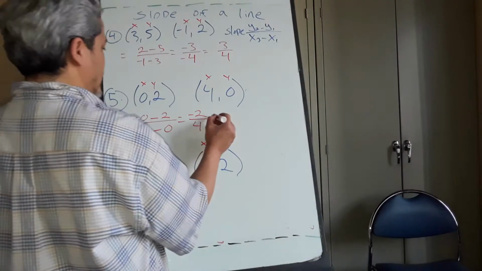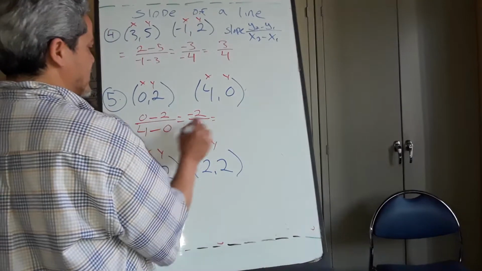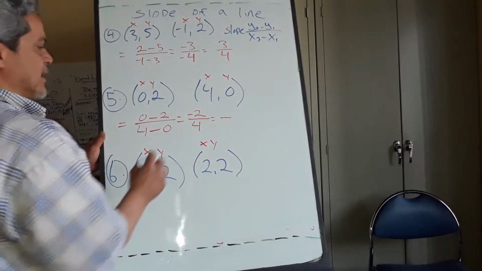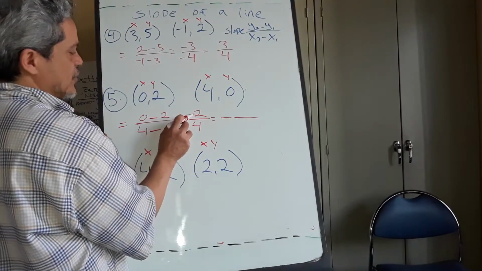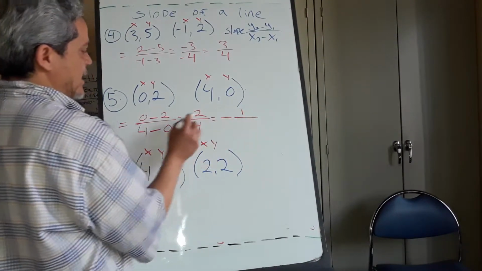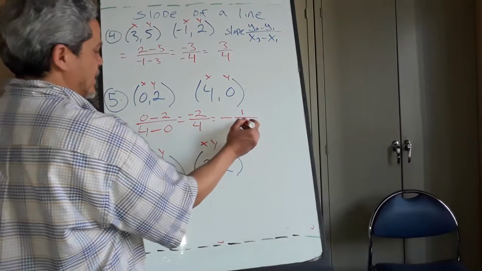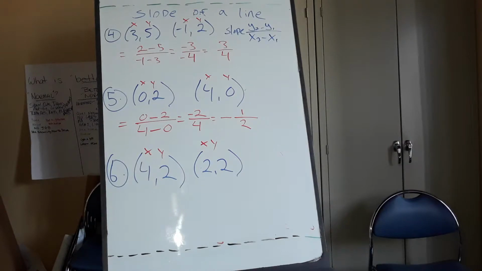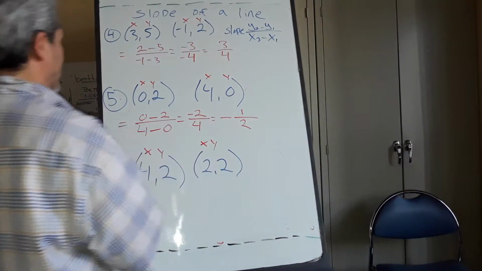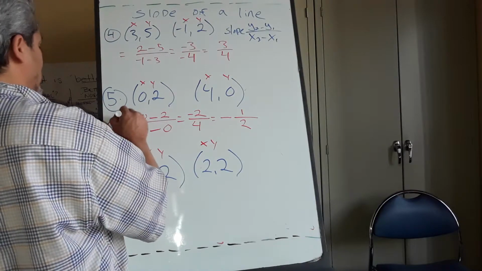Now we have a negative and a positive, so you know that's going to be a negative. And this could be simplified. 2 goes into itself 1 time. 2 goes into 4 2 times. So that is -1/2. That is the slope.